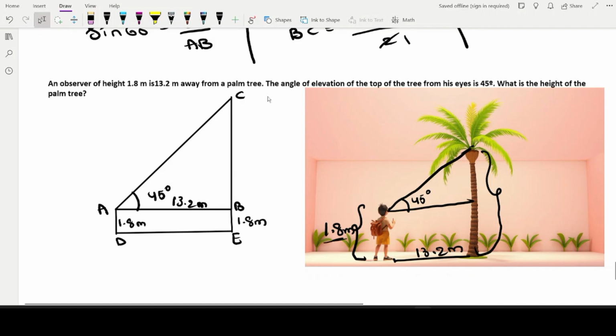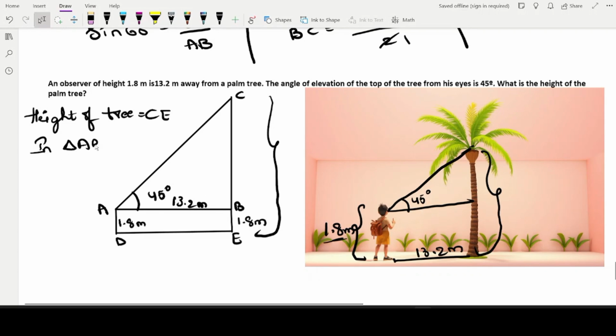He's asking us to find the height of the tree. So the height of the tree will be CE. The complete height of the tree will be CE, but in triangle ABC you have BC. So let us assume the length of BC as h meters.